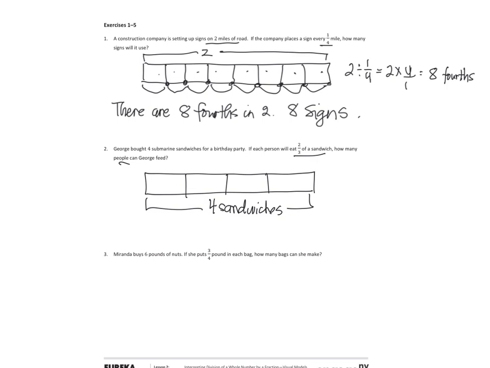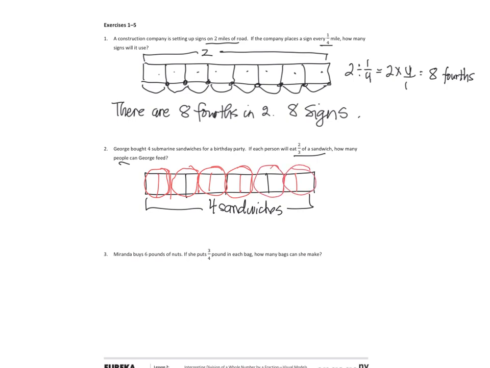So I'm going to use a different color. So I'm going to chop up, and then I'm going to go and I'm going to group them into 1, 2/3, 2/3, 2/3, 2/3, 2/3.